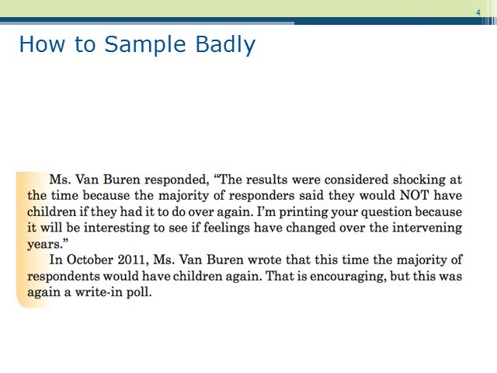Ms. Van Buren responded, the results were considered shocking at the time because the majority of responders said that they would not have children if they had to do it over again. I'm printing your question because it will be interesting to see if feelings have changed over intervening years. In October 2011, Ms. Van Buren wrote that this time the majority of respondents said that they would have children again. This is encouraging, but this was again a write-in poll, which is a voluntary response sample.